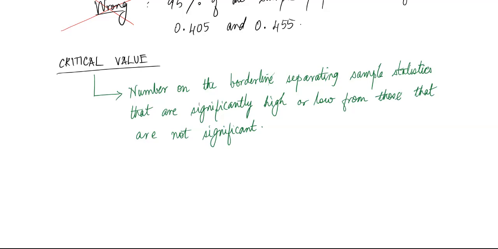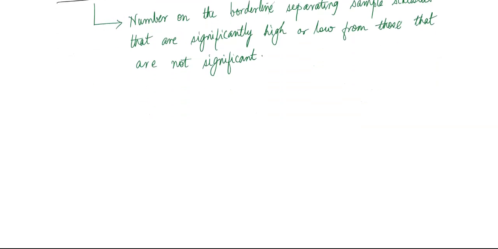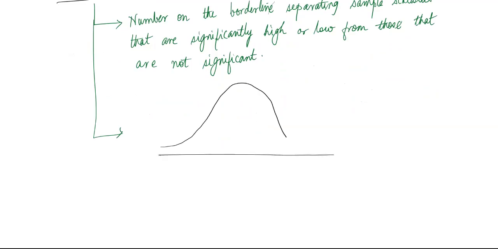But anything beyond two standard deviations, let me give you a quick diagram here. This is the mean, this is mu minus 2 standard deviations, and this is mu plus 2 standard deviations.